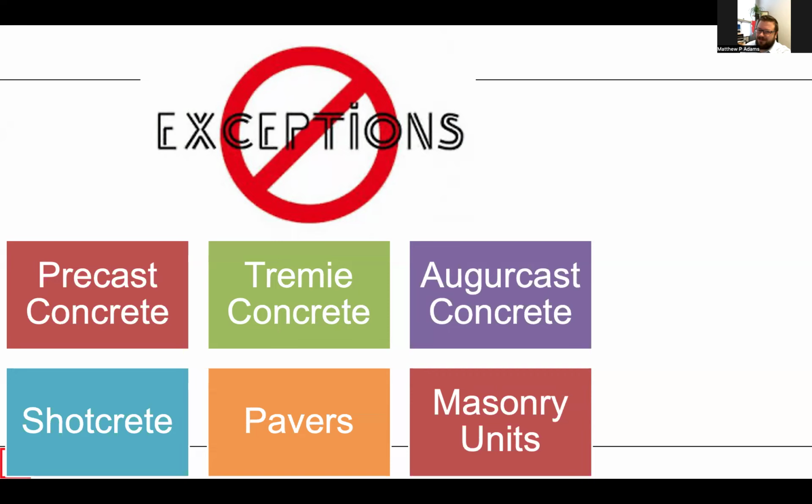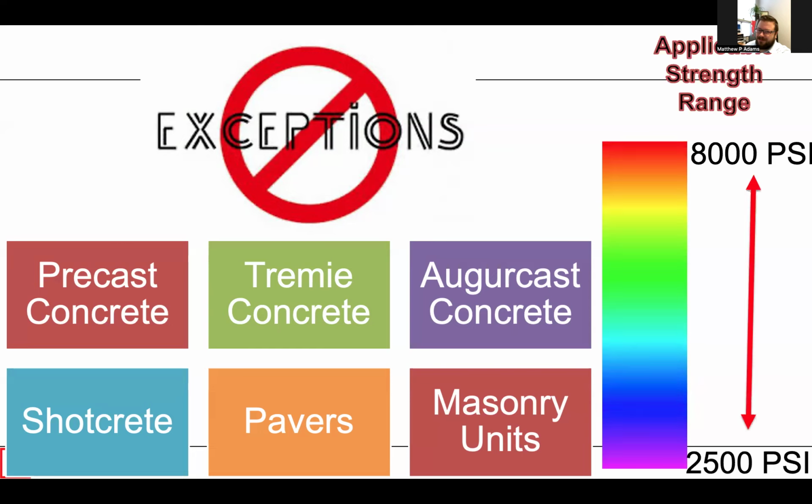We also don't cover pavers and masonry units. Unlike the other items, which we hope to add in the future, it's unlikely that we'll ever add pavers and masonry units because those are really outside of the scope of ACI. And then it's important to note that currently we only apply to a certain design strength range. So again, design strength.